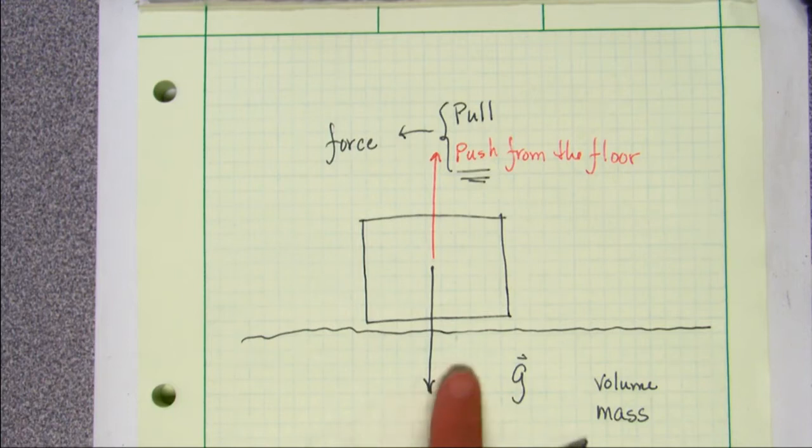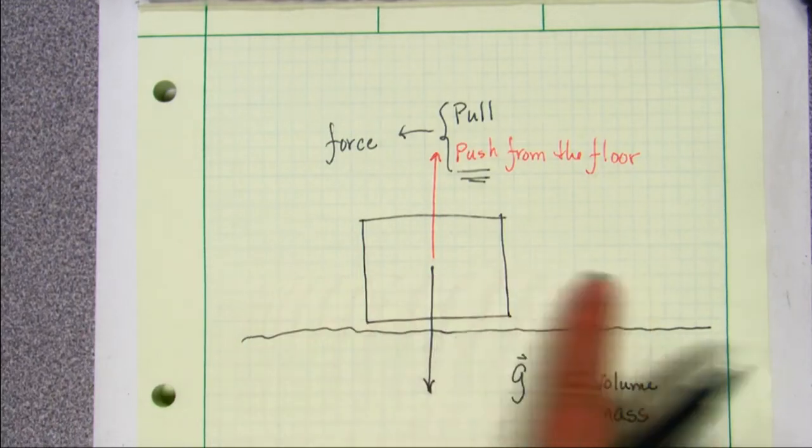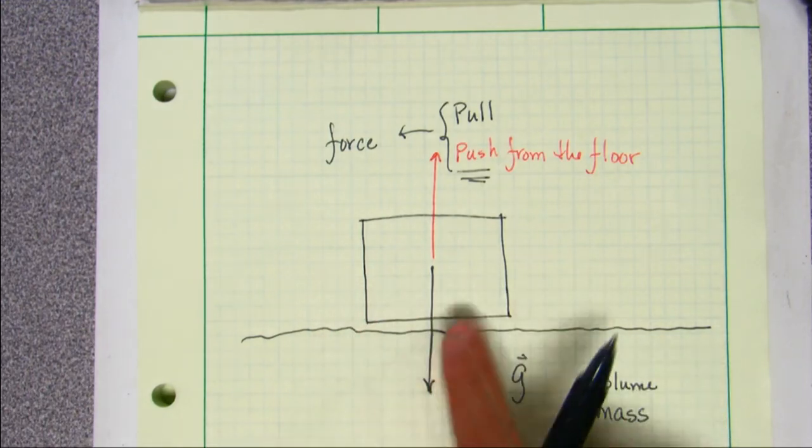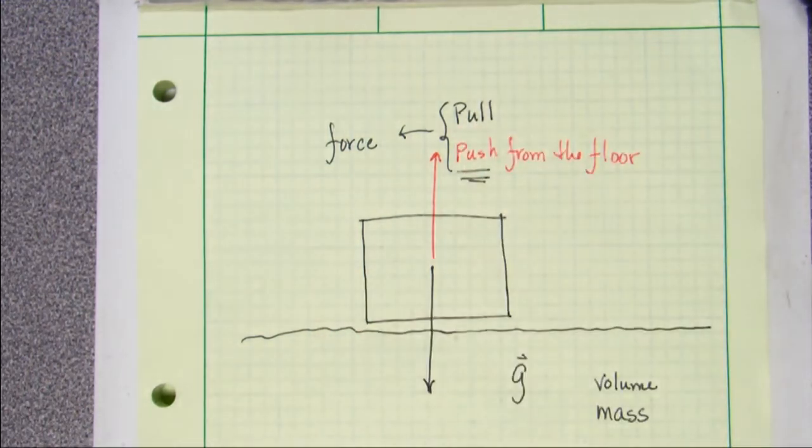Doesn't necessarily, because right now my box is sitting on the floor and it's not doing anything, right? It's just sitting there. But in order to get it to do something, I'm going to have to apply a push or a pull to get it to move. Or I could pull up from the floor with a lift. But right now that box isn't doing anything.